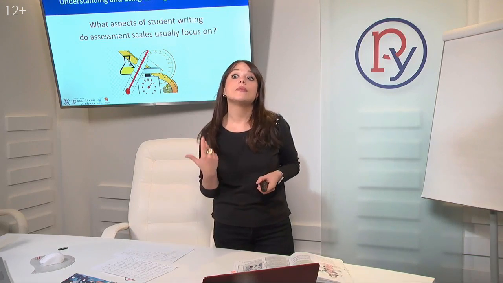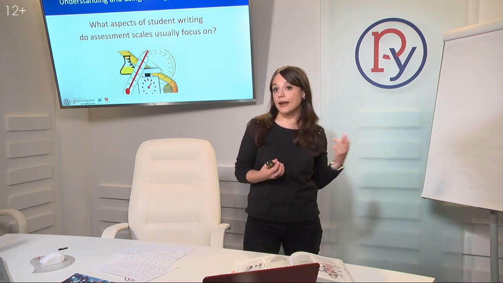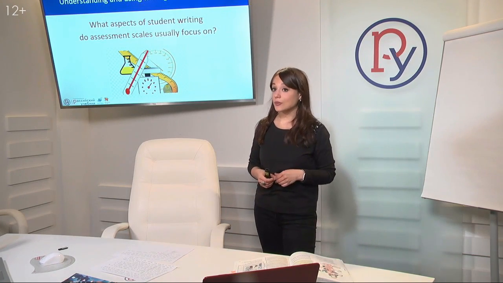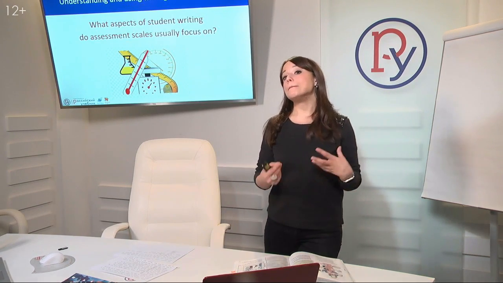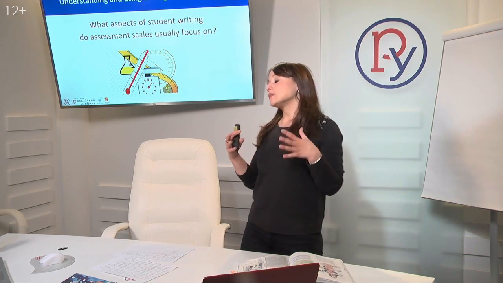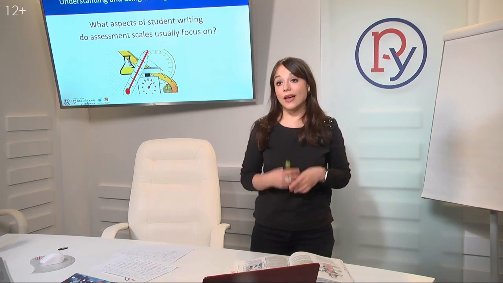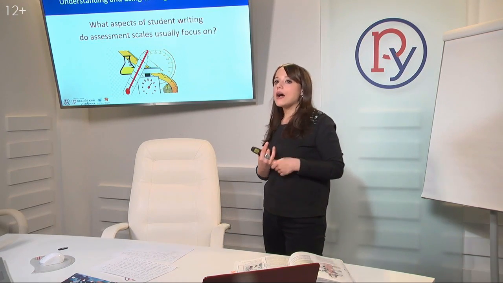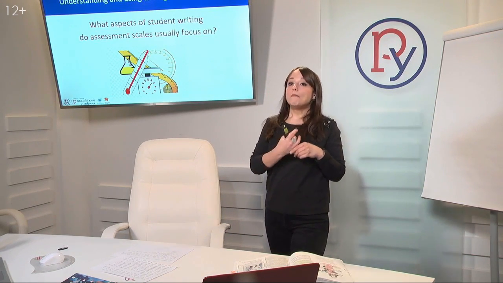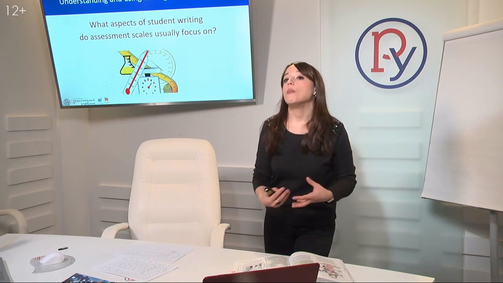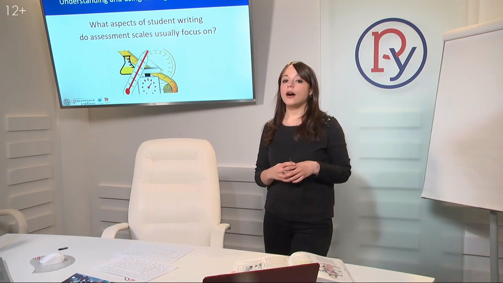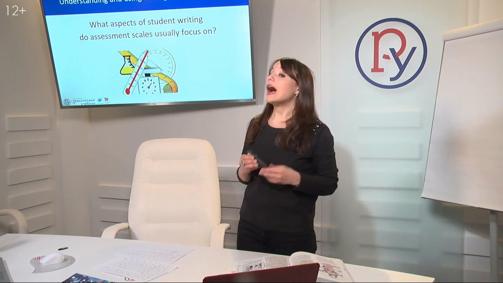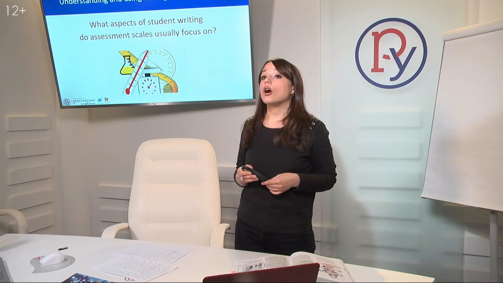Another problem that we mentioned again in our previous video is that it's sometimes hard to stay objective, and again it's by acquiring some strategies of how to work with and how to read assessment scales, we might actually make our process of marking student writing more effective and learn how to be more objective.